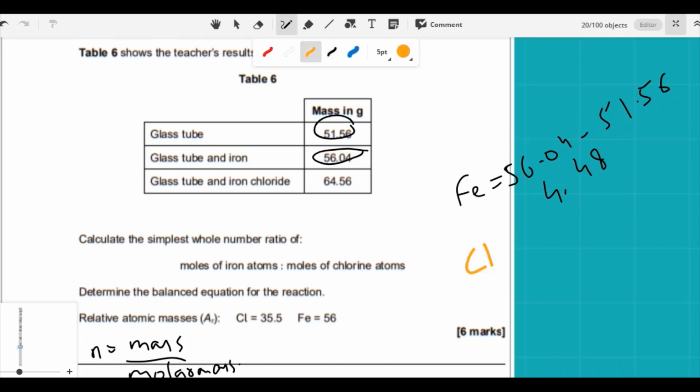While the chlorine will equal, sorry, not 56, here is 64.56 minus, for iron chloride, and you have to subtract the glass tube mass, that is 51.56. So that will equal to how much?